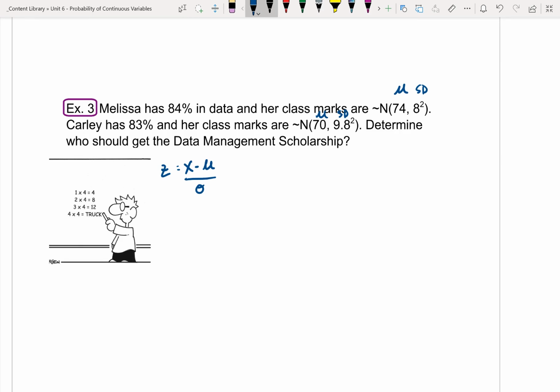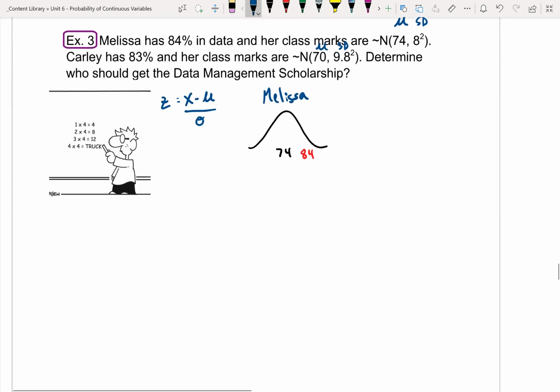So if I look at Melissa, and I look at her normal distribution, in the middle it's 74, and she is at 84, which is over here. So if I look at a z-score for Melissa, z is equal to 84 minus 74 divided by 8, and I should get a z-score of 1.25.